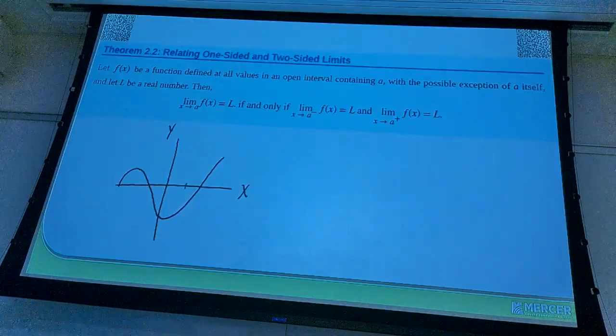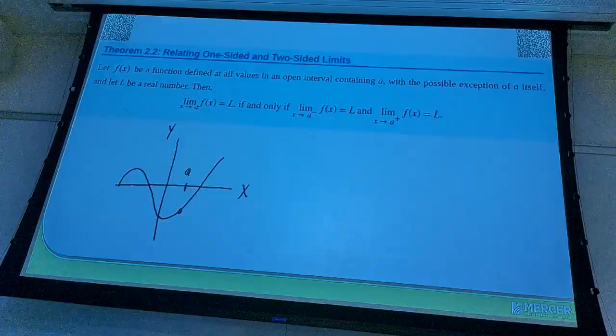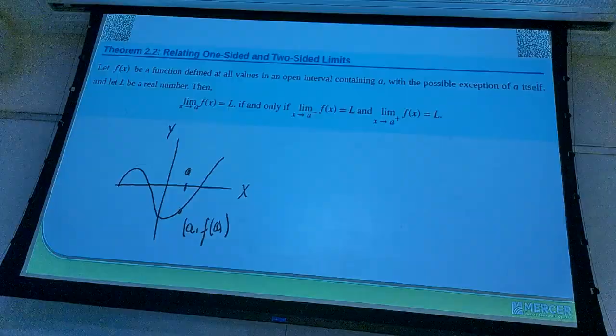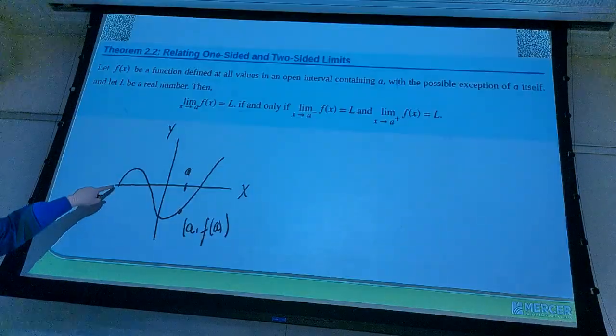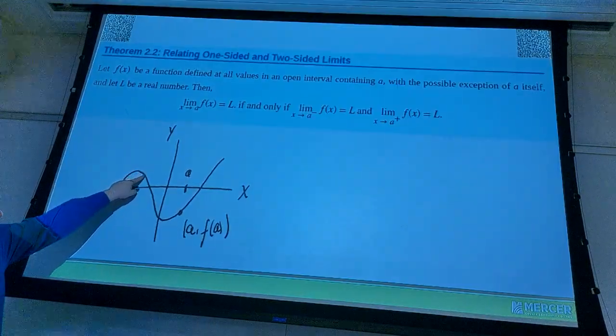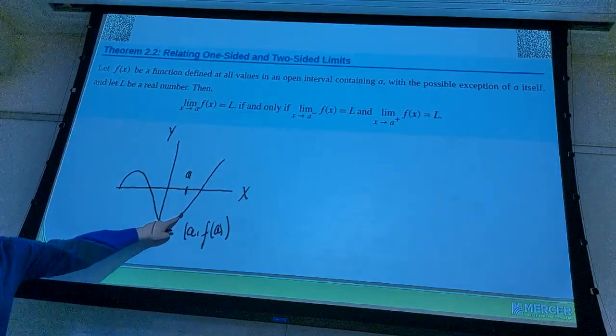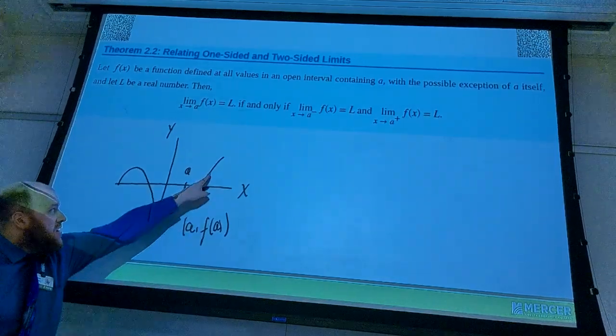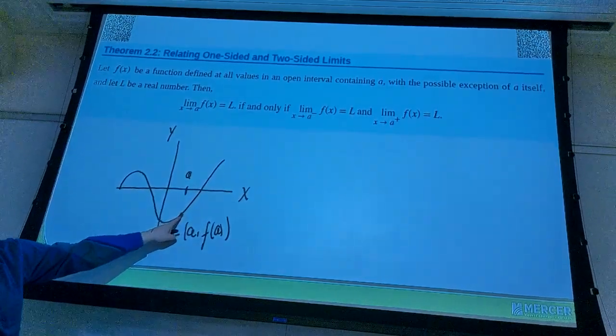Let's say that this is my value A. That would be some point A, f of A, whatever happens to be. Coming from the right of A, it's approaching f of A, therefore that's your limit.